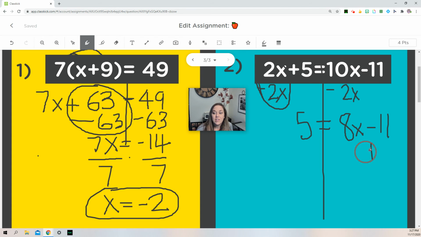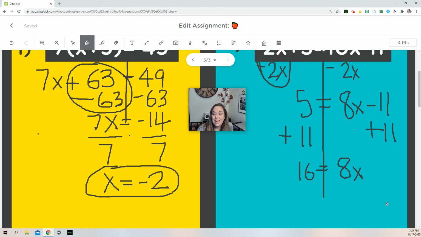So I'm going to take this negative 11 and I'm going to add 11 to both sides, and 5 plus 11 is 16, so I get 16 equals 8x, and they are multiplying by 8, therefore I am going to divide by 8, and 16 divided by 8 is positive 2. So 2 equals x. That is number 2. X equals 2.